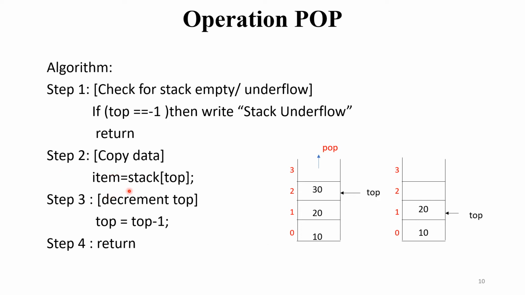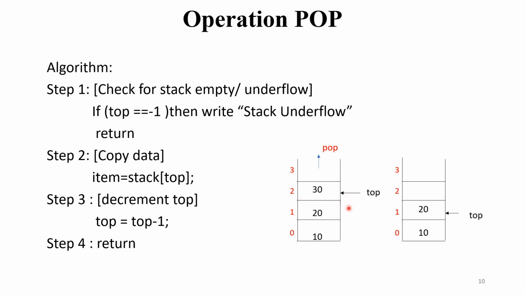So here item is equal to stack top. Here top points to the second index, so stack top means data 30. Now decrement top, so top is equal to top minus 1. Here top points to the second location.